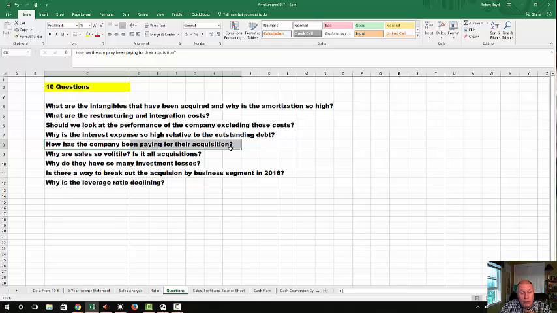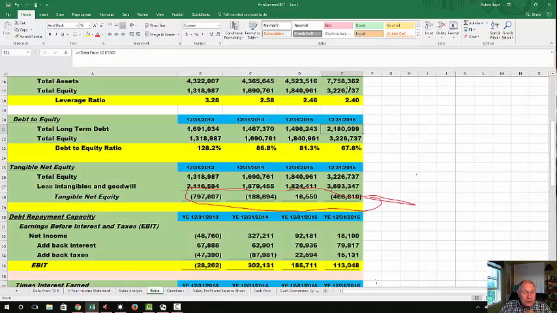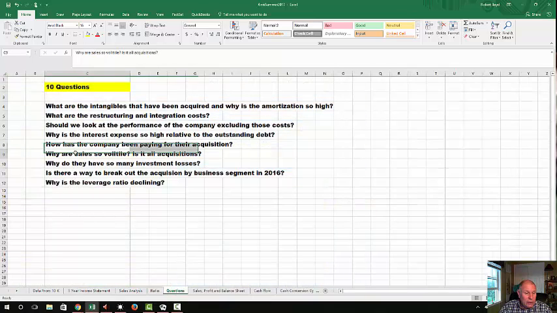I know they made them, but when I look at the debt in my ratio, it did go up, but it doesn't seem to be going up by much. In fact, I'm actually using less leverage. So that means they must have done a stock offering and are funding some of these acquisitions. That's a question I have.